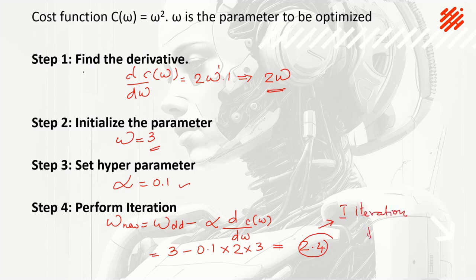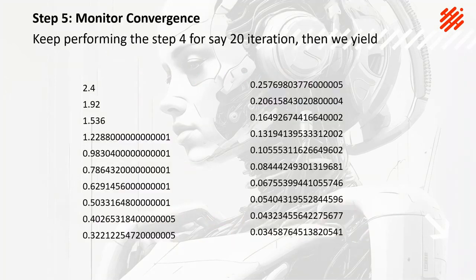So perform until say 20 or 30 iterations, in such a way that you stop somewhere where you find the minimum difference between the old ω value and the new ω value. Now step 5, monitor convergence.